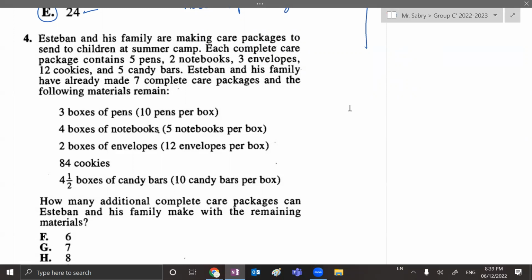So I want to know how many more packages I can make with the amounts I have. So what I need to do now is to understand that each package needs 5 pens. So I'll divide the number of pens I have by 5 to know how many care packages I can make. So I have 3 boxes, each box has 10 pens. So that's a total of 3 times 10, 30 pens available.